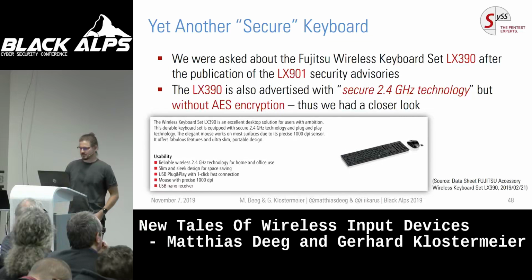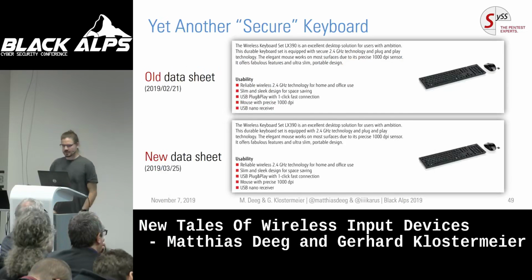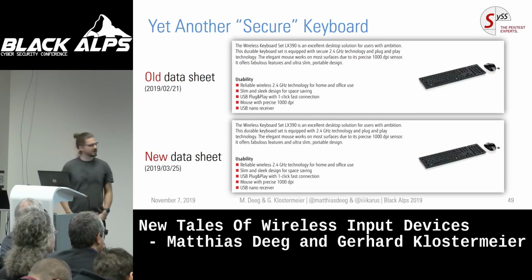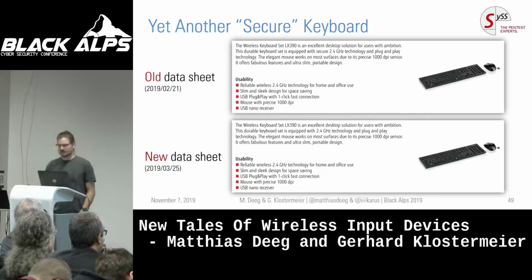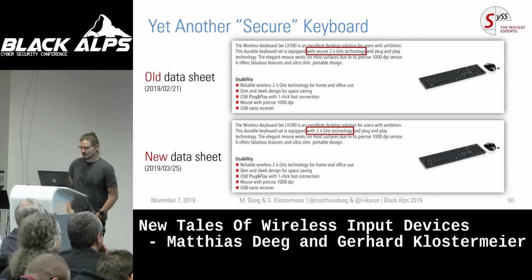So it was interesting for us to have a closer look. This is the product sheet before we had a closer look, and the other datasheet down there is the datasheet after we had a closer look. I know the font is really tiny, but you may spot the difference.